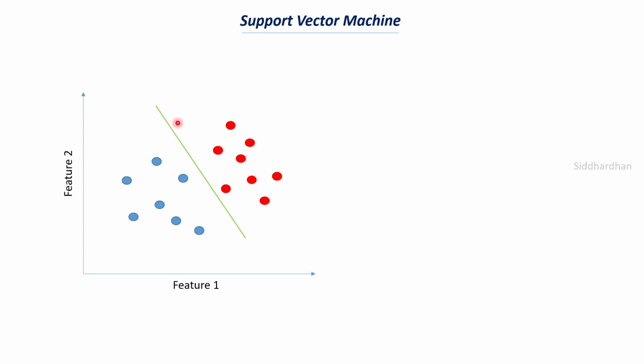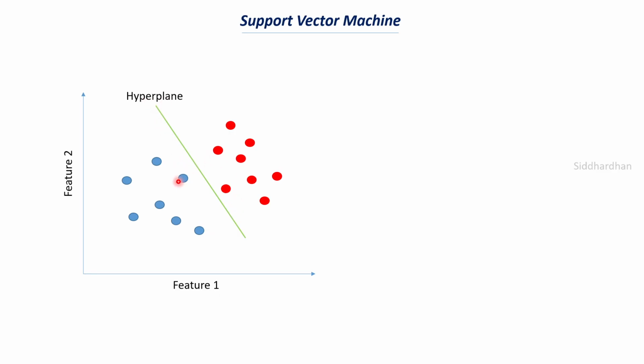This is the main job of the support vector machine model. It will try to find the line that best separates the two sets of data. In our case we have only two sets of data: one set is people with Parkinson's, and the other is people who don't have Parkinson's, similar to this example. Our support vector machine model will try to find this line, and this line is called a hyperplane.